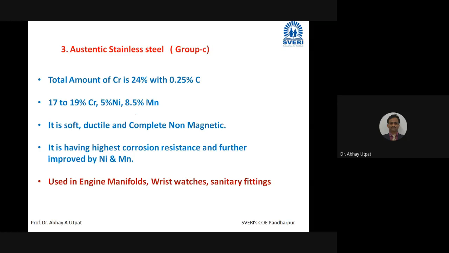Next one is sanitary fittings. Nowadays they are made of brass and bronze with steel coatings. But many times they are made of pure stainless steel also. Pure stainless steel is costlier, and I'll help you identify whether it is made of steel, since from outside it looks like steel.